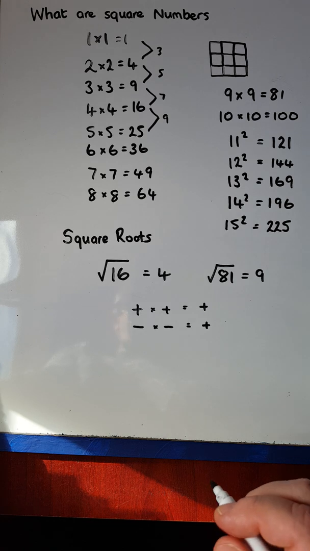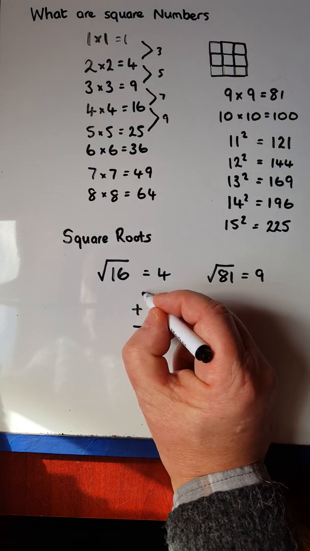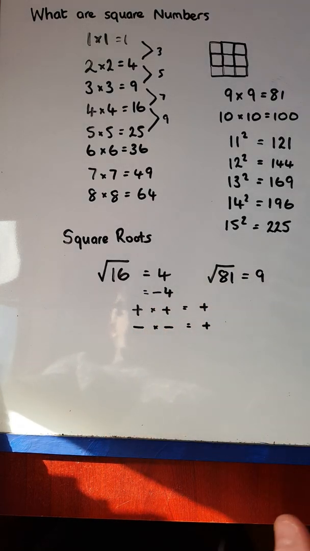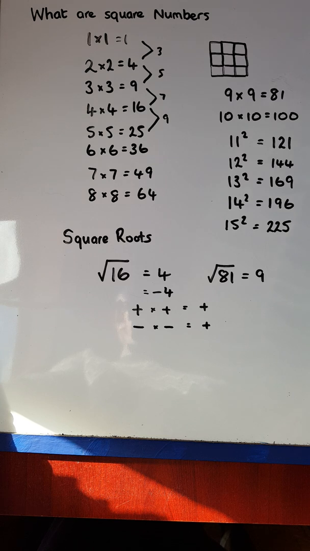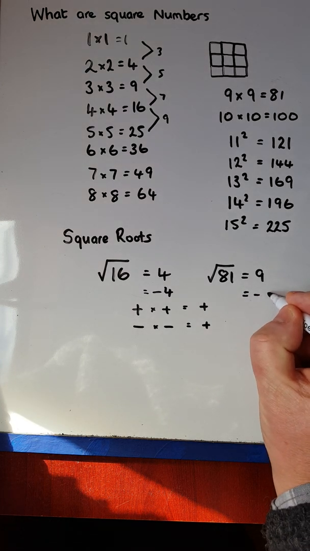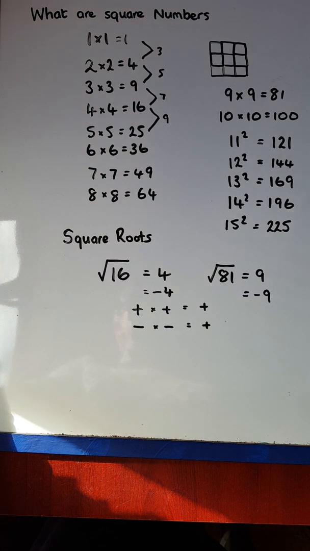So actually, the square root of 16 could be 4, or it could also be minus 4, because minus 4 times minus 4, 2 minuses make a plus, also makes 16. The square root of 81 could also be minus 9, because minus 9 times minus 9 makes a positive number, makes 81. So square roots can be plus or minus.